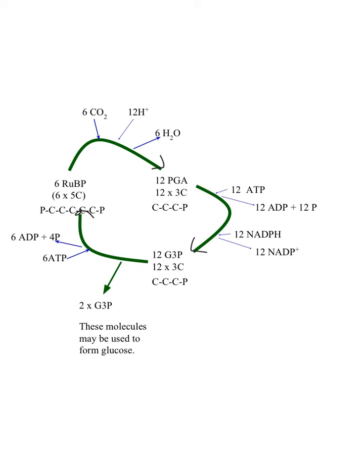So the Calvin cycle may be a little bit more complex than the light-dependent reactions and might take a little bit more practice. So go back and dissect this step by step. Remember, it's really difficult to eat an elephant if you swallow the whole thing at once. But if you take it one bite at a time, it's a little bit easier.